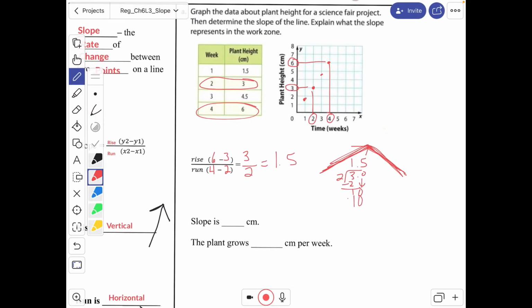And slope is a rate, so we have to use some words. The plant grows 1.5 centimeters per week. Remember, it's the y word and then the x word, and usually "per" in between. So 1.5 centimeters per week.